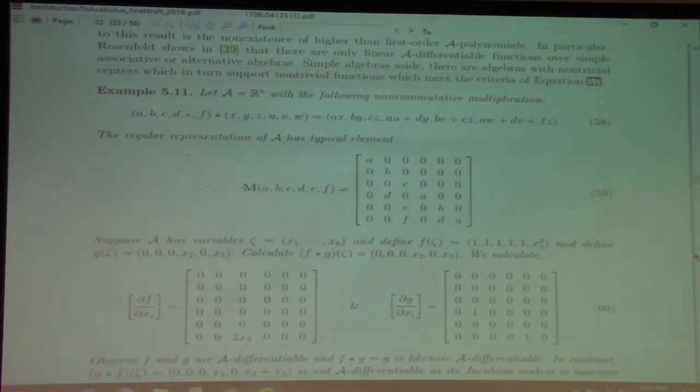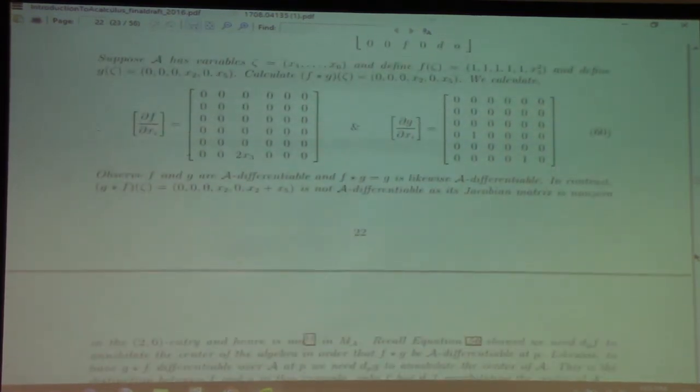Oh, I'm sorry. I'm an idiot. Those are a-differentiable. So f and g are a-differentiable. In fact, you can calculate that f times g is actually equal to g again, which means certainly f times g is a-differentiable since f and g are both a-differentiable. They have the right pattern.